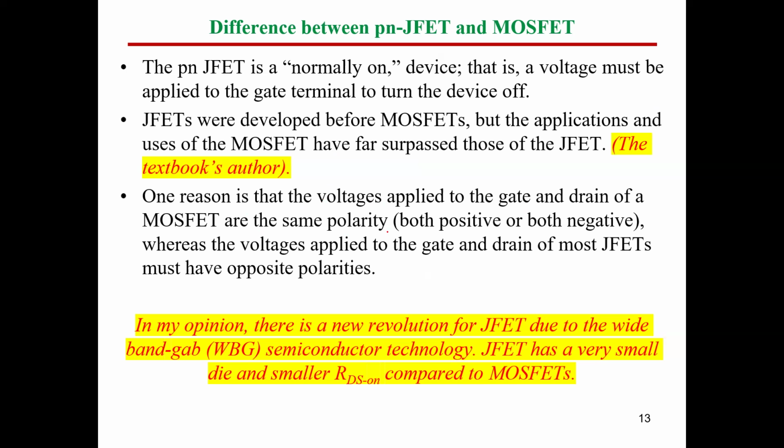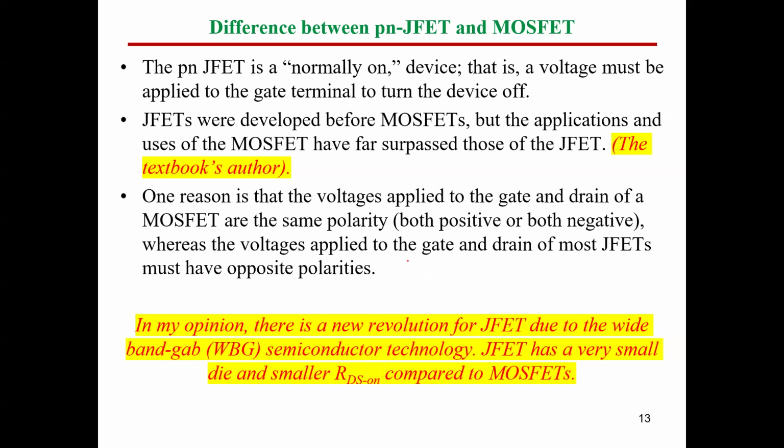Same polarity means a positive value or negative value for VGS and VDS. So this is one reason in the opinion of the author, whereas the voltages applied to the gate and drain of most JFETs have opposite polarities.